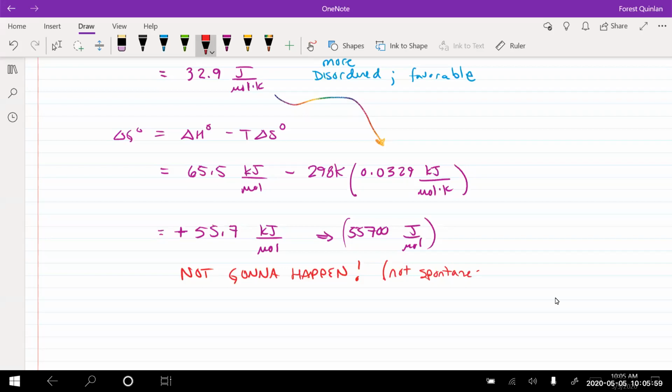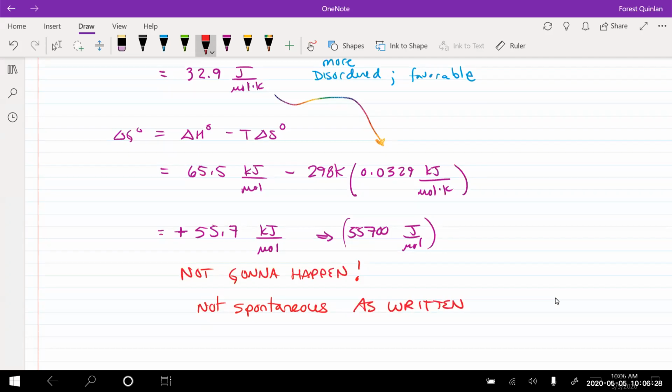Close. Look back in your notes. I was very explicit about this. Not spontaneous. Let me just rewrite it down here. Not going to happen. Not spontaneous, as written.